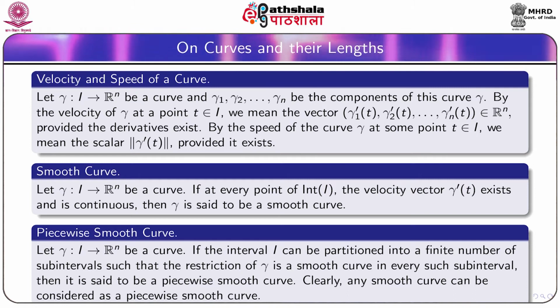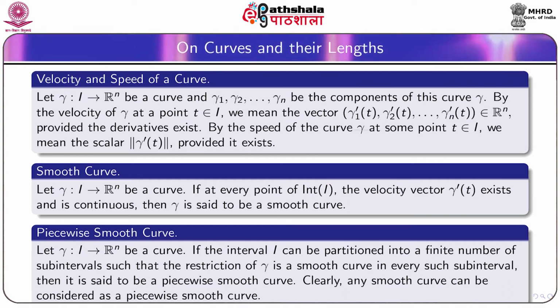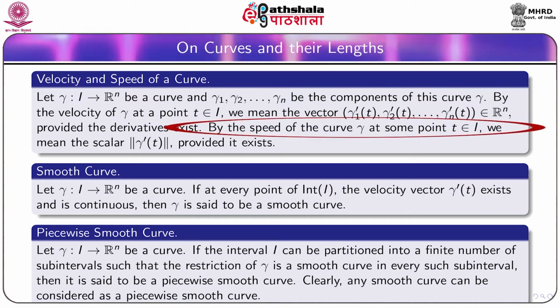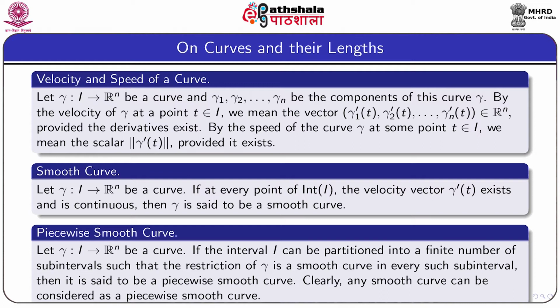The norm of the velocity vector of a curve is called its speed. By the speed of the curve gamma at some point t in I, we thus mean the scalar norm of gamma dash t, provided it exists, that is, gamma dash exists at the point t.